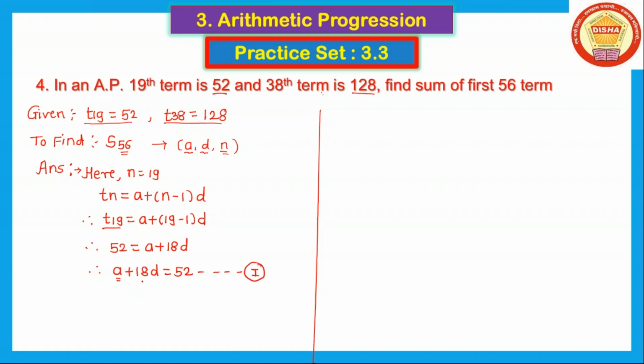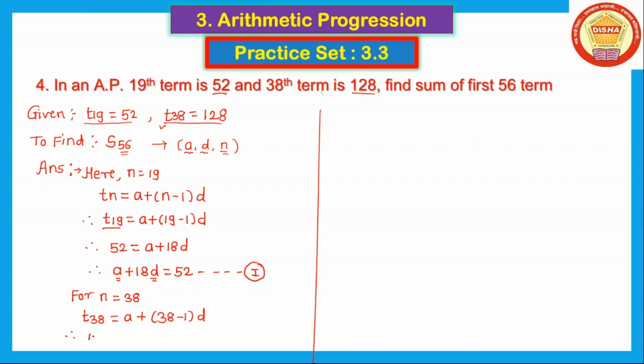It contains variables A and D and its index is 1, which means it is a linear equation in two variables. Then we take the second term, that is, we use here n is equal to 38. So we write here directly T38 is equal to A plus 38 minus 1 into D. And this term is given here.